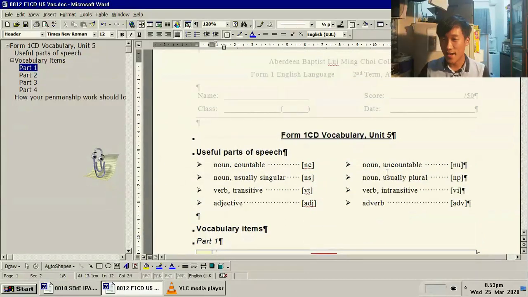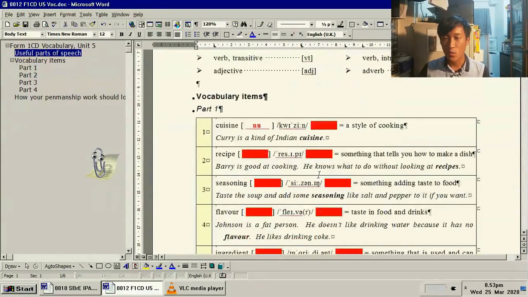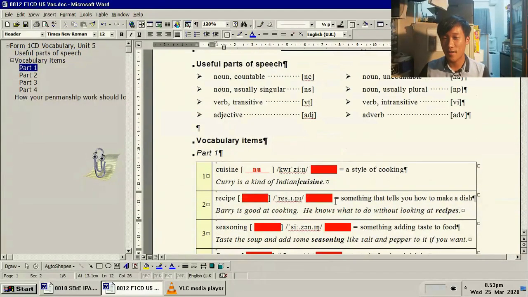So here, uncountable, NU. Why is it uncountable? Because for difficult ideas that are difficult to understand, or not usually talked about, we do not use the countable form. It may be confusing, but the difference between countable noun and uncountable noun is one of the grammar items in this unit.